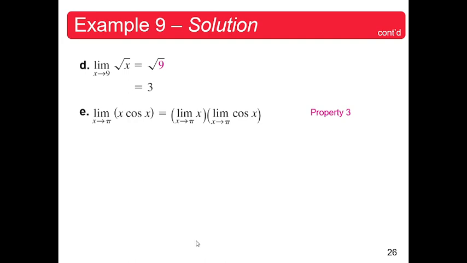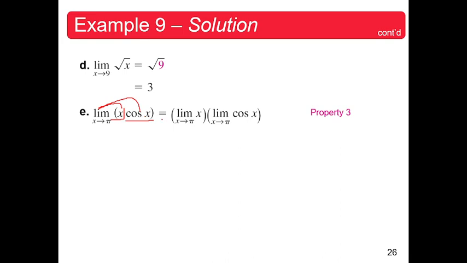Alright, so how about this one? This is x cosine x. So x cosine x has two values, because cosine x is just one value itself, wherein we are multiplying the x to your cosine x. Now, it seems like you're going to distribute the limitation to both values. So therefore, you could have the limit of x as x approaches pi multiplied by the limit of cosine x as x approaches pi.